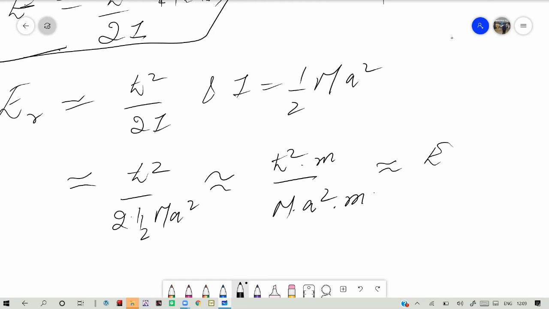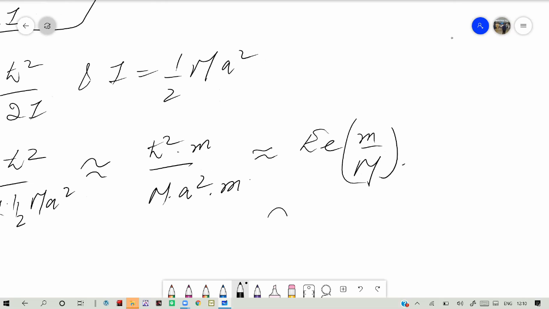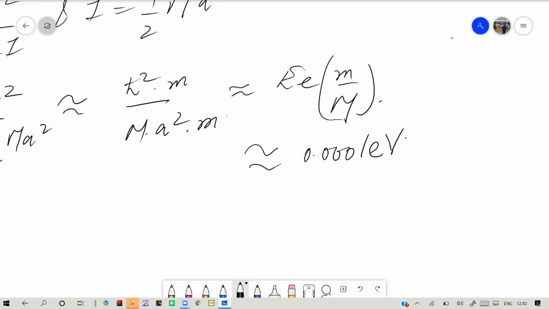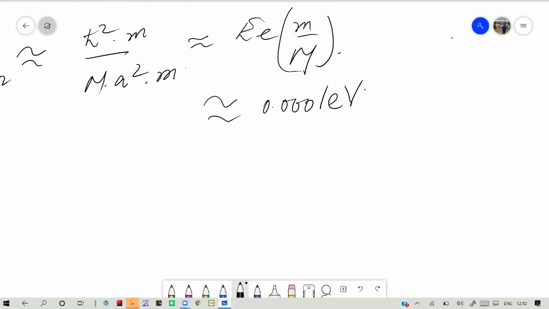So it is EE times m by M. And this value comes out to be 0.001 eV, which is very small as compared to the vibrations and the translation.